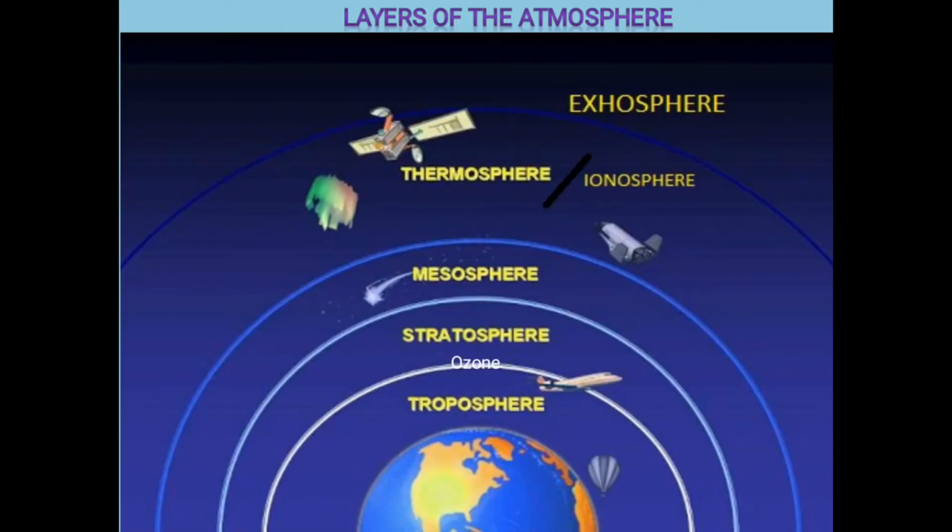Now in this slide we will observe the spheres of the atmosphere, which we learned in standard 5th. There are 5 spheres of the earth: troposphere, stratosphere, mesosphere, ionosphere or thermosphere, and the last sphere is the exosphere.